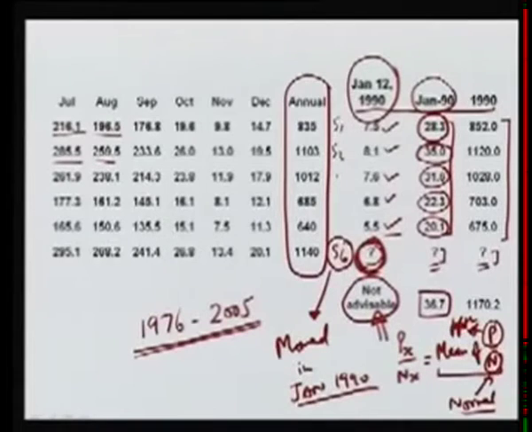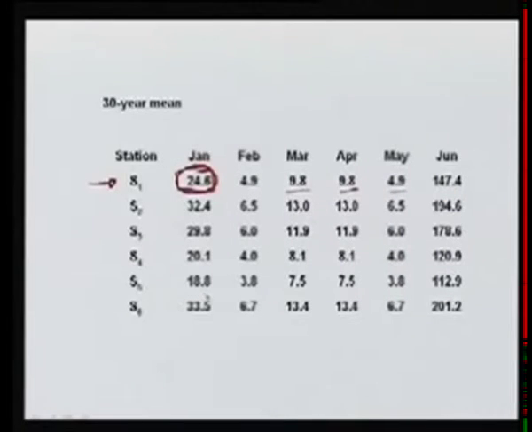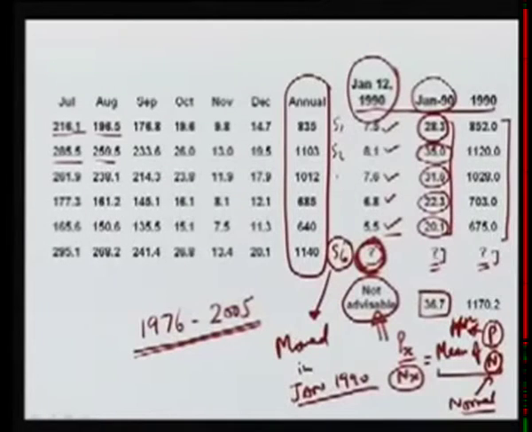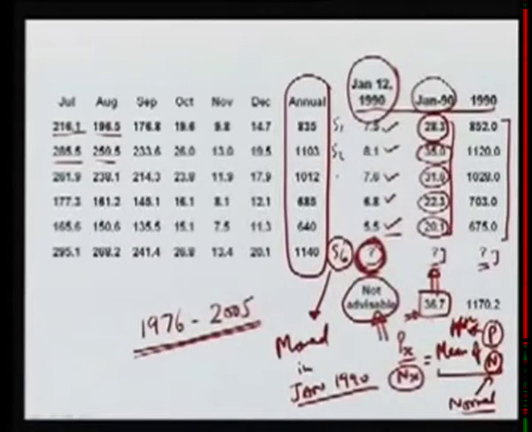Finding out all these 5 P by N values, we take the mean. Nx is the mean for January at station S6, which is known to us as 33.5. So based on this, we can estimate the missing record at station S6, and we can say that the rainfall at station S6 in January 1990, which we were not able to measure, can be estimated as 36.7 millimeter.